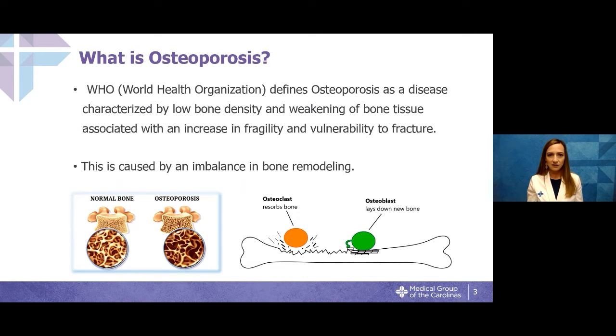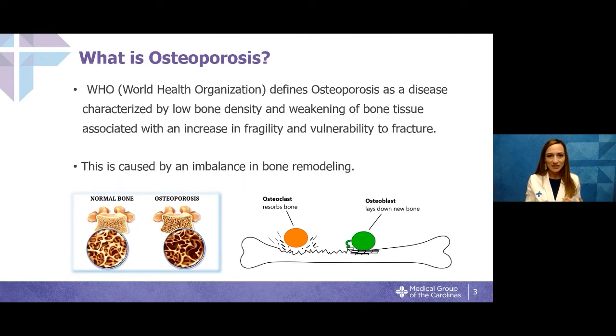So the question is, how does this even come to be? And it's really a question of bone metabolism. Whenever any of our body processes work, we have kind of a give and take, and that's true for our bones too. So we have some cells that help build up our bone material. Those are like the construction workers of our skeleton. But we also have cells that eat away at our bones. So that's what that picture is there on the right.